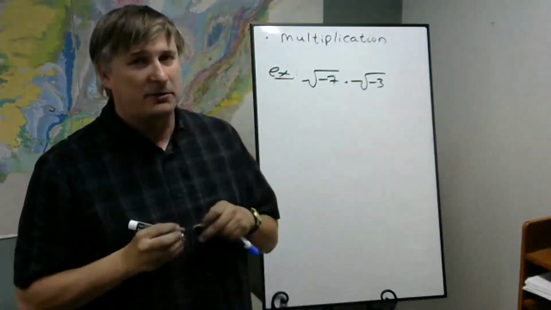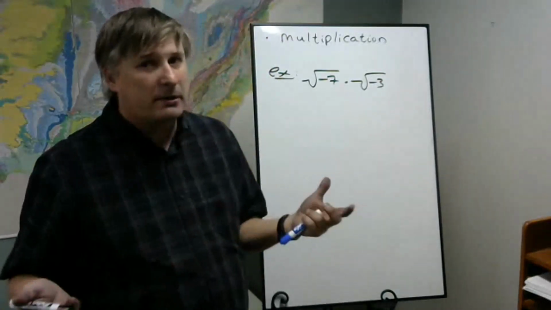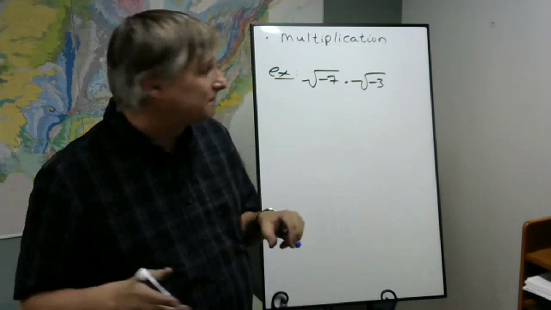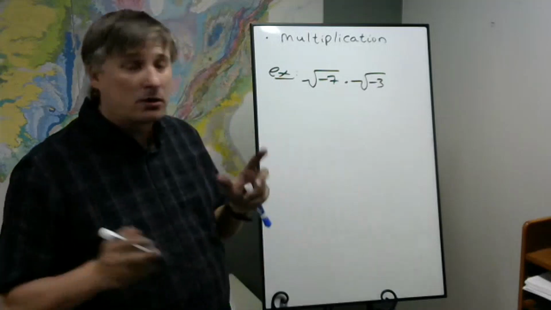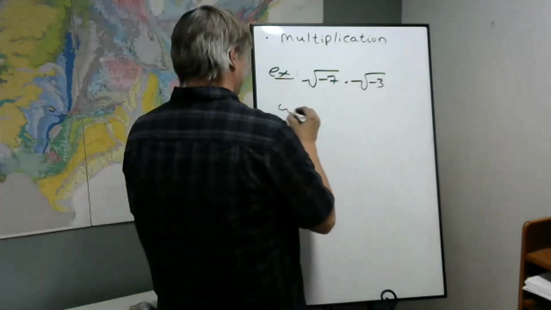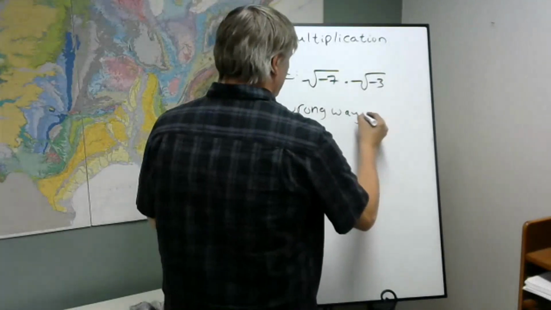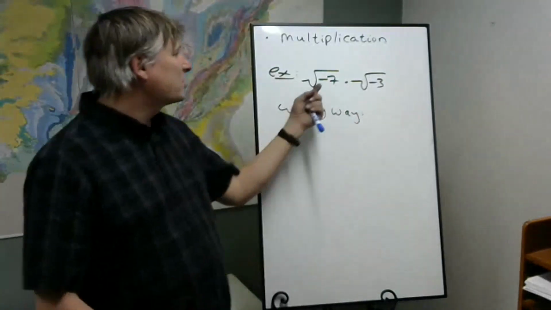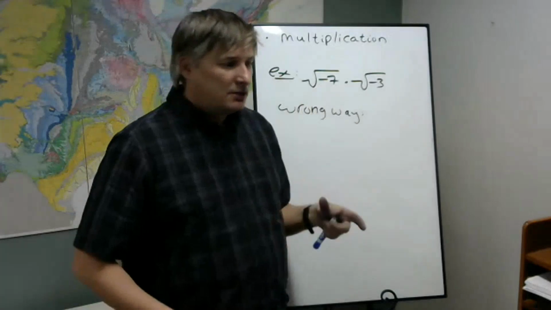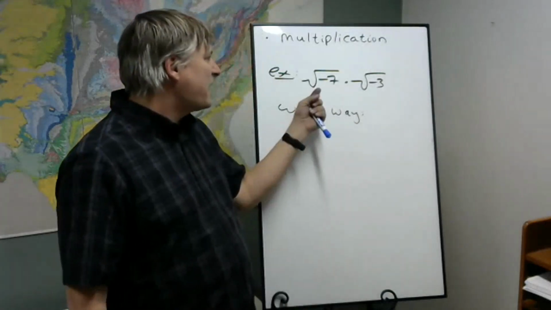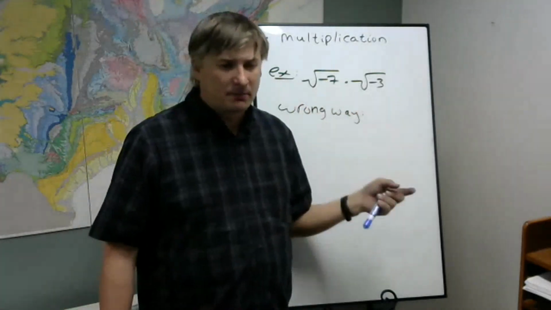We have to be careful here. There's a right way and there's a wrong way. Let's talk about the wrong way. So these are complex numbers. So this is going to be something i, and this is going to be something i.